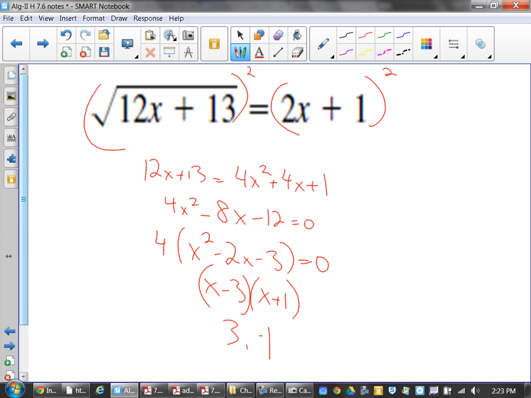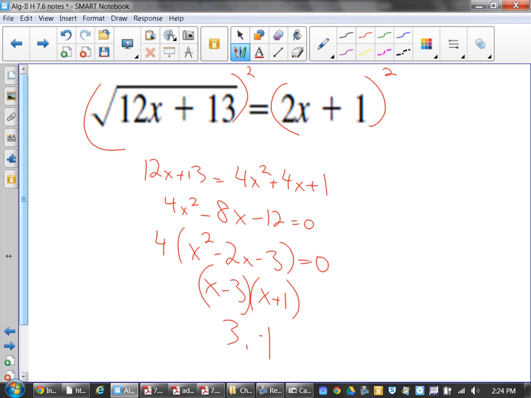All right, what is the square root of 1? What's 2 times negative 1? Negative 2 plus 1? Negative 2 plus 1 is how much? They both work.